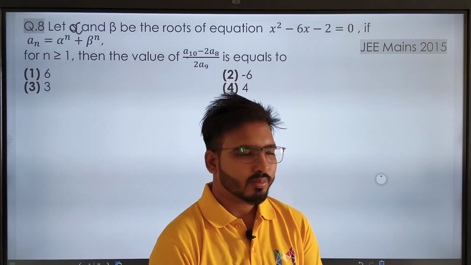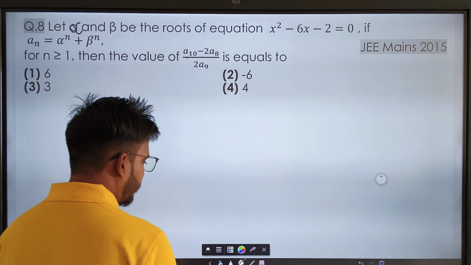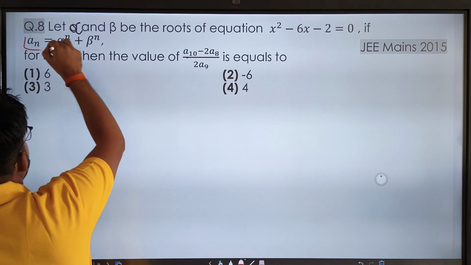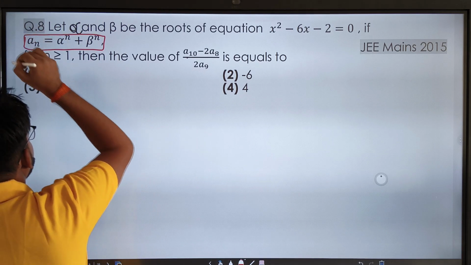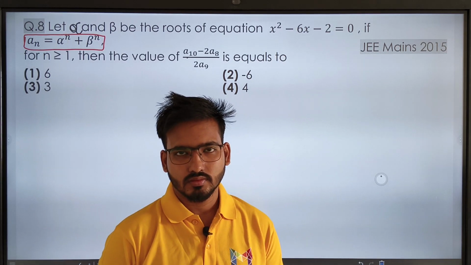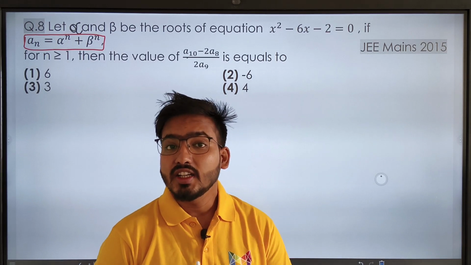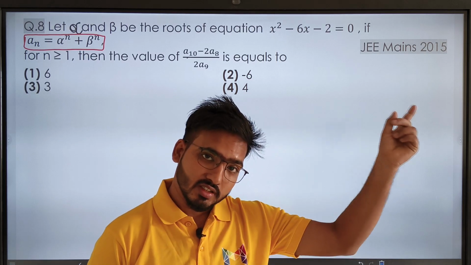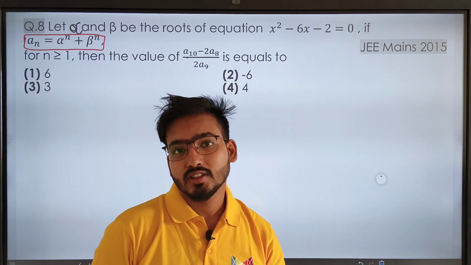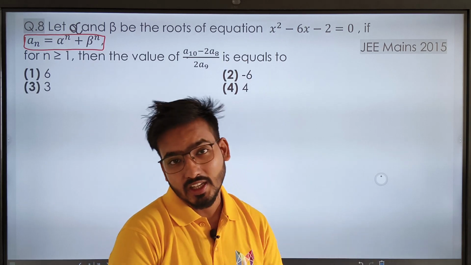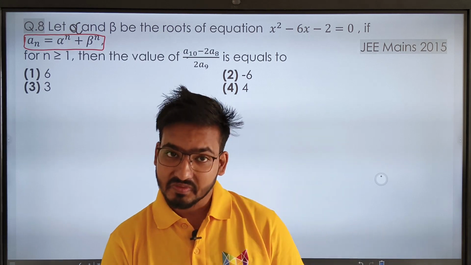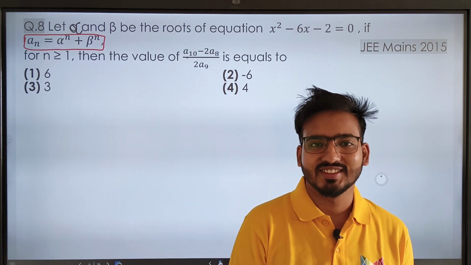So in these kind of problems, whenever an is written as alpha raised to n plus beta raised to n, then we use Newton's method, sir. That physics guy Newton, on whose head the apple fell. Yeah, that same guy also did some very good thing in mathematics.